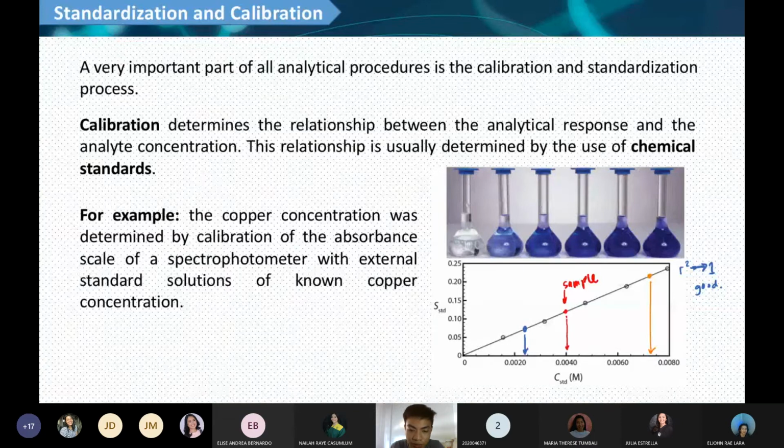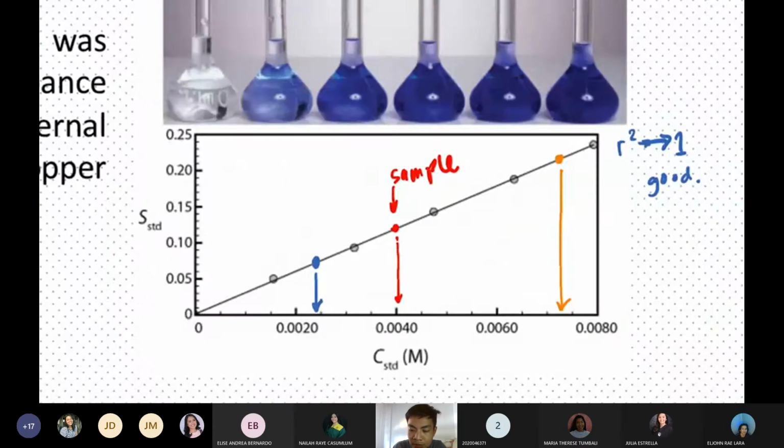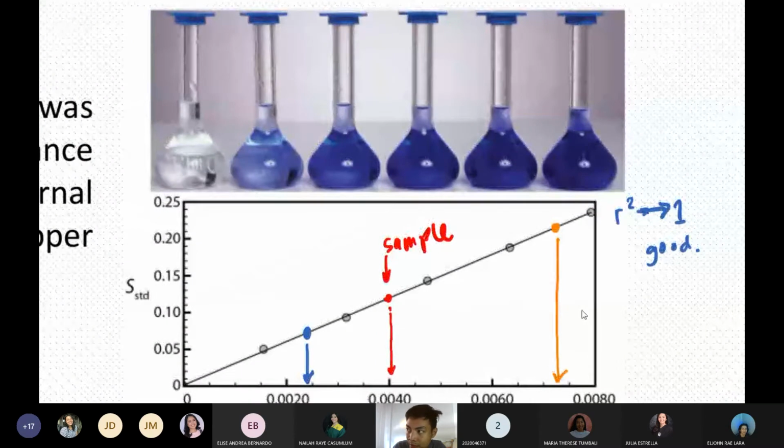Standard, known concentration. Okay. So you will compare the instrument reading ng sample nyo with your standard calibration. So, depende kung ano yung instrument response sa sample nyo, then there is a corresponding concentration for each. No?